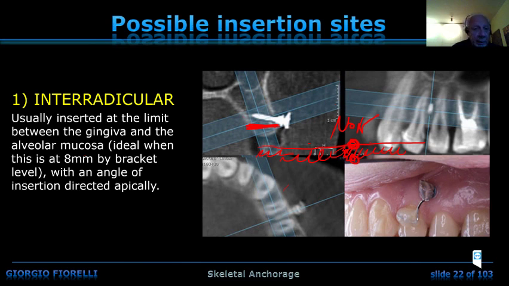This would be nice, especially in the upper arch, but we should use quite long TADs. I'm not using very, very long TADs. And in most cases, the anchorage and stability given by one cortex is enough, provided that you have at least 1 millimeter of this thickness.